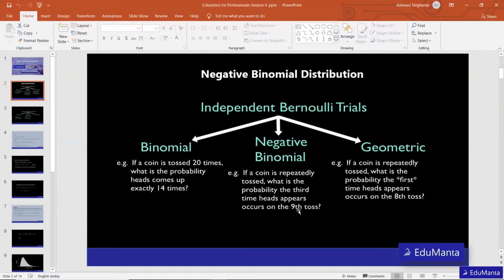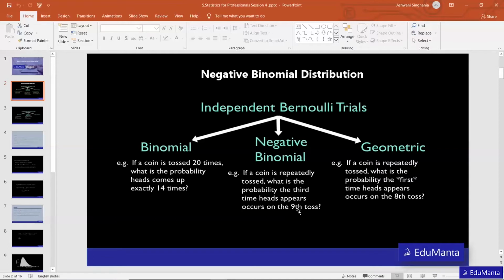So here the number of experiments that will lead to a certain number of successful events is the variable, x. How is it different from geometric? It's very simple. In geometric distribution, we ask that if the coin is tossed repeatedly, what is the probability that head will appear for the first time? Here the word first is important.